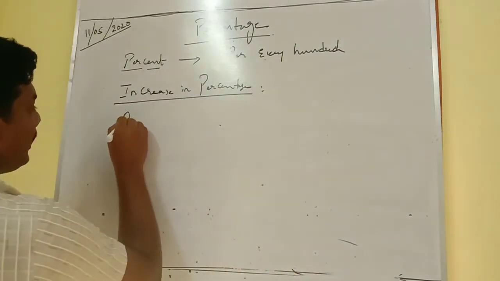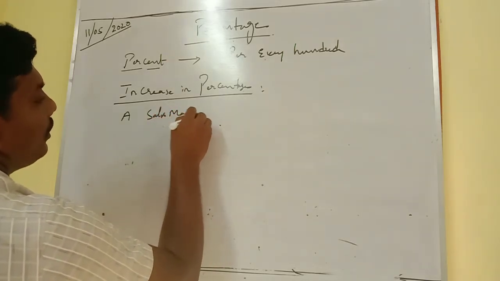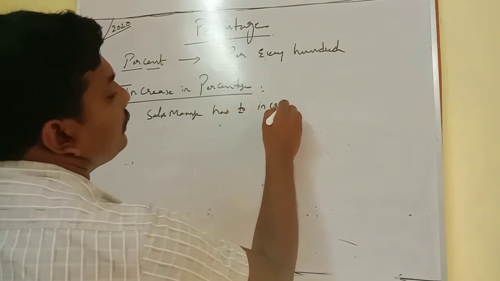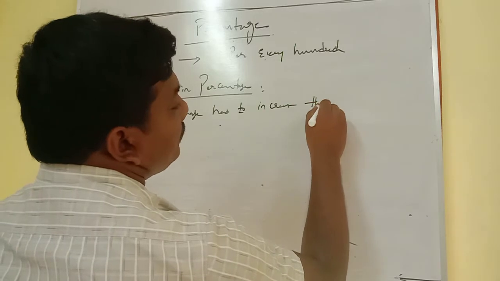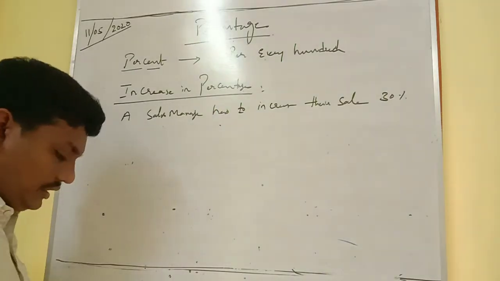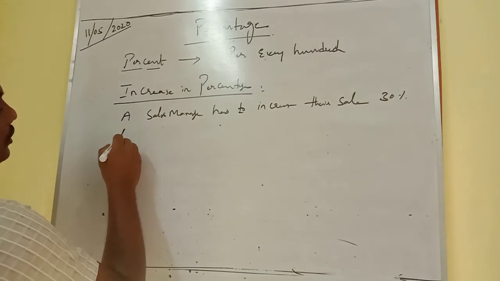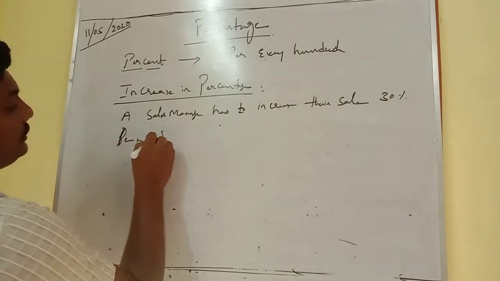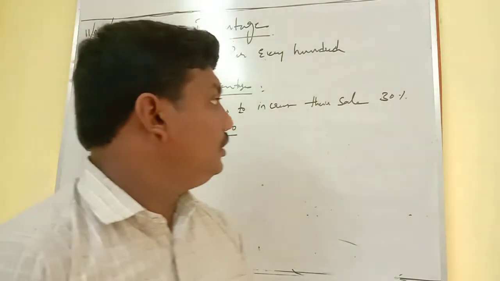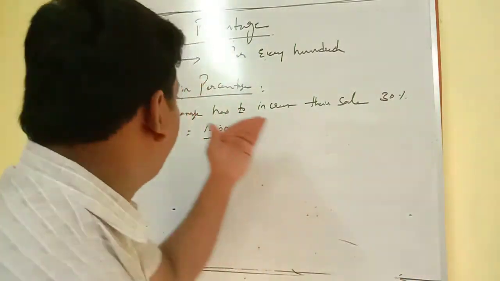Suppose a sales manager has to increase their sale by 30%. The present sale was 10,000 rupees. If he wants to increase it by 30% more, what is the increasing percentage?